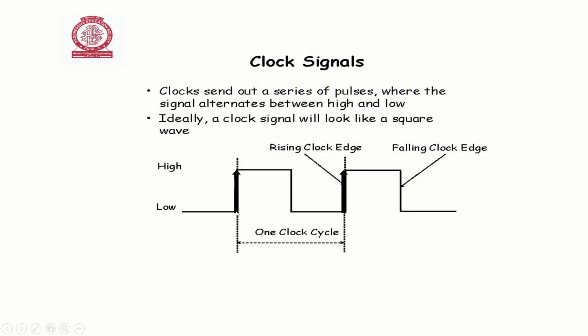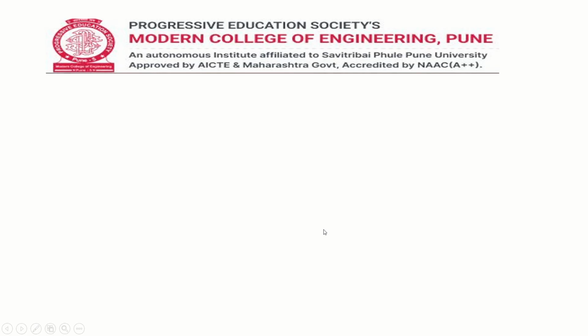One clock signal is this much, that is one cycle. This is my rising edge from where the clock starts, and this side is my falling edge. One clock cycle is from here to here, the way we see a sine wave. This is one cycle of our clock signal.